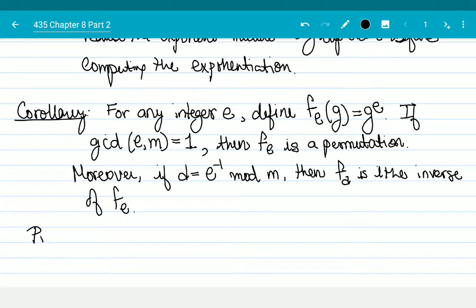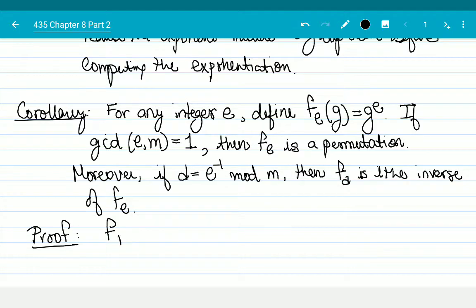Okay, proof. We're going to kill two birds with one stone. If it is a permutation, it's a permutation if and only if it's invertible. So I'll just show the invertibility. How do I show the invertibility? Suppose there's a d such that d is equal to e inverse mod m, which is guaranteed as long as GCD of e and m is 1.